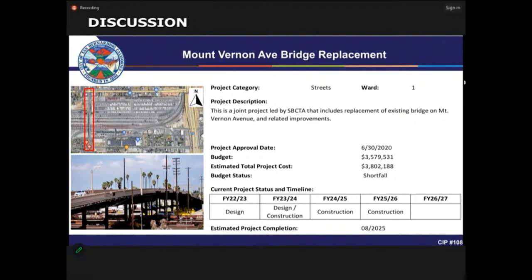We will be getting more information from them and bringing that back to the City Council for discussion. Again, this project is within Measure I, so there may be some ways we can help manage the shortfall issue.